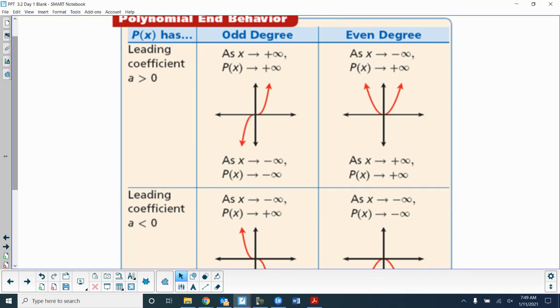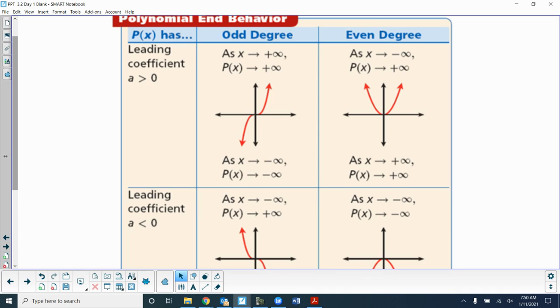Okay, so I always concentrate on the far right. So if the leading coefficient, that first term, remember, we got to put it in the right order, like we did last week with our division of polynomials. We put the highest exponent and then we went down in order, remember? And if something was missing, we added a 0, right? We don't have to worry about adding the 0 on this stuff today, but we have to get the highest exponent on the far left when you write it out.